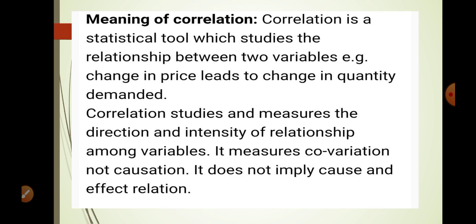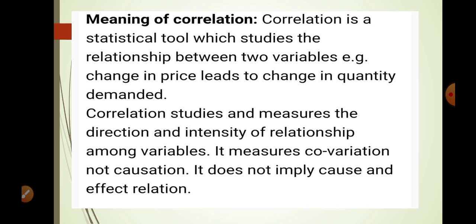So this concept is related to three things: first, to find out whether any relation exists between two series, two variables. Second, which type of relation, positive or negative. Third, the degree of correlation.